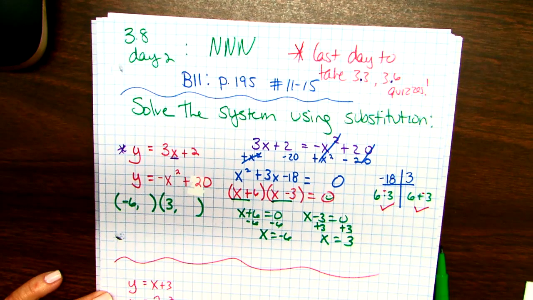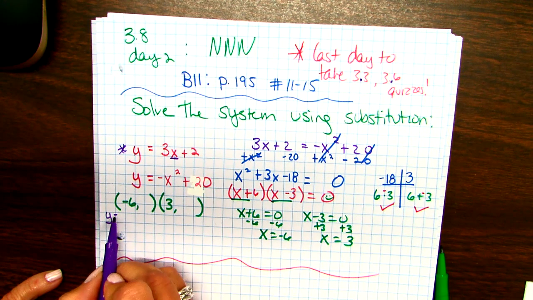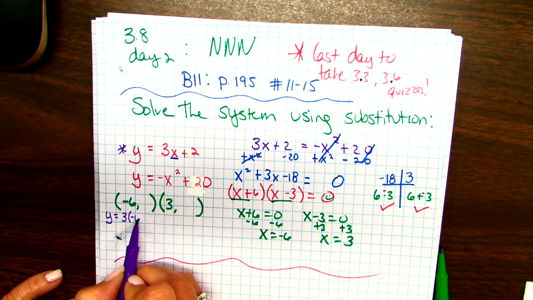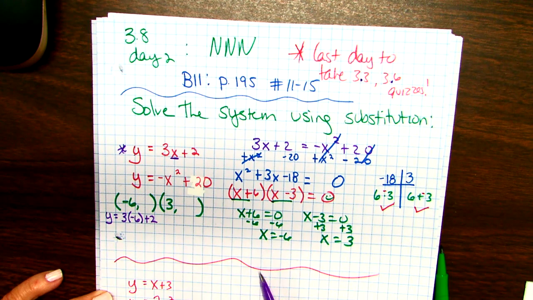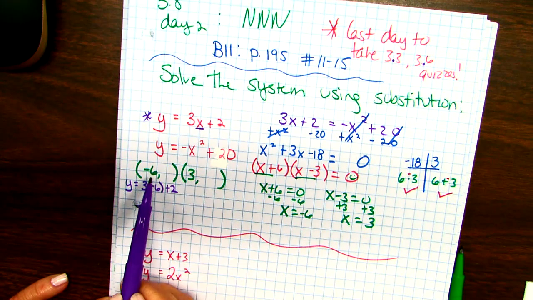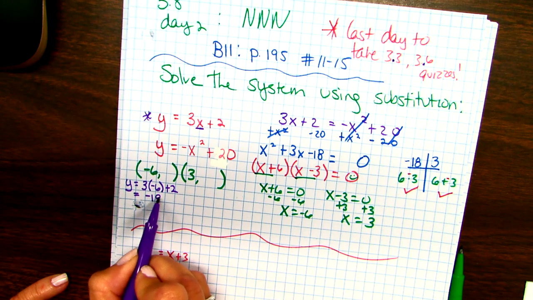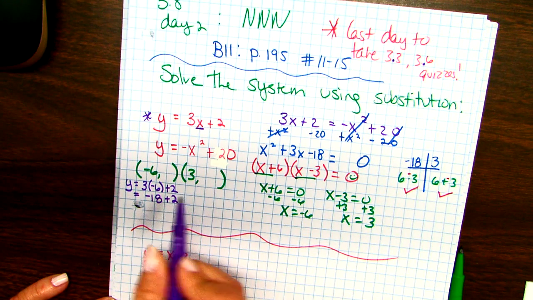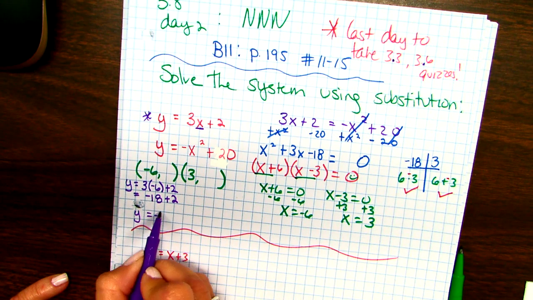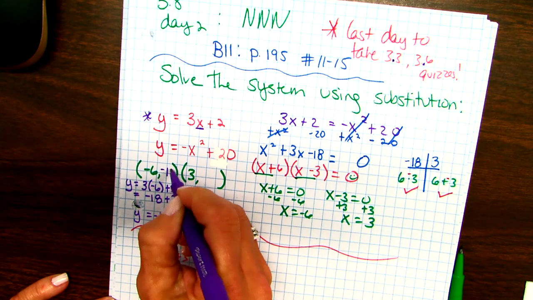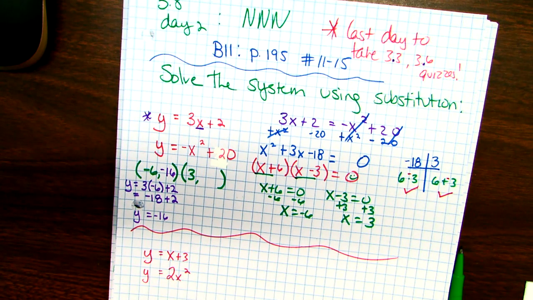I'm just going to plug each of those x values in right there. So y equals 3 times negative 6 plus 2. I just put negative 6 in for x. That's negative 18 plus 2. So y is negative 16.